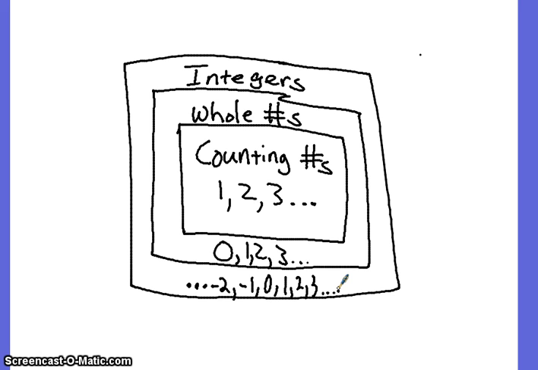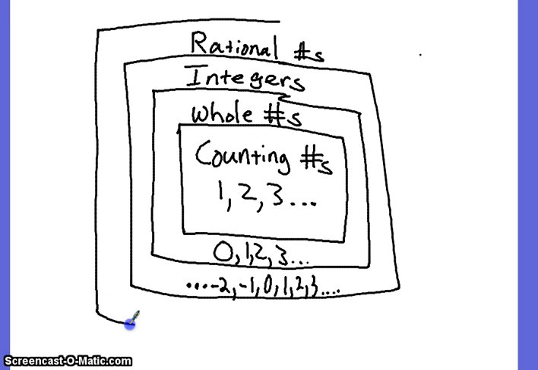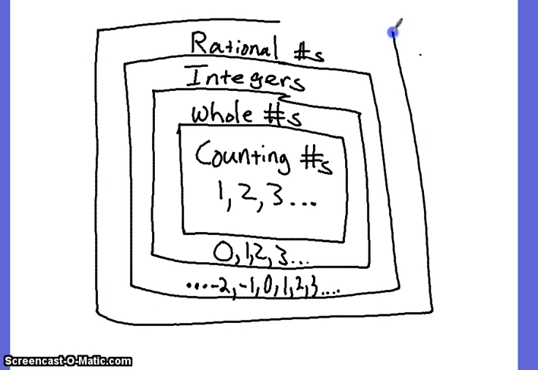And the very last one that we're going to put up here are the rational numbers. The rational numbers are the final layer. There are irrational numbers, but we're not going to worry about those today. Okay, then there's the rational numbers, which include everything else.